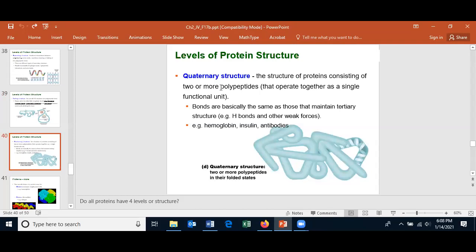Like I said, all enzymes that I know of only have a tertiary structure. But like antibodies, hemoglobin and insulin, they have a quaternary structure because there's more than one protein subunit that gets together to form the entire protein.